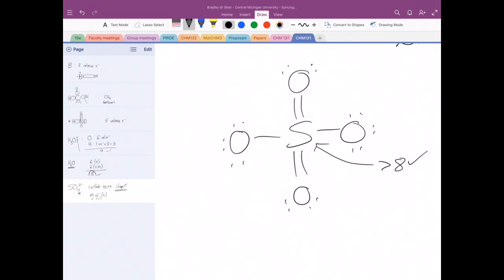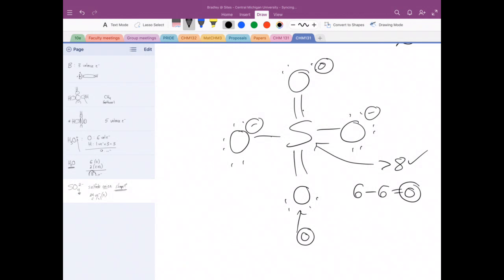It's in the 3rd row and beyond, so that's cool. And if you're looking at formal charges now, you've got sulfur with 6 minus 1, 2, 3, 4, 5, 6. So that's a 0. These oxygens are a 0 formal charge. And so you just have minuses over there, for 2 oxygens.